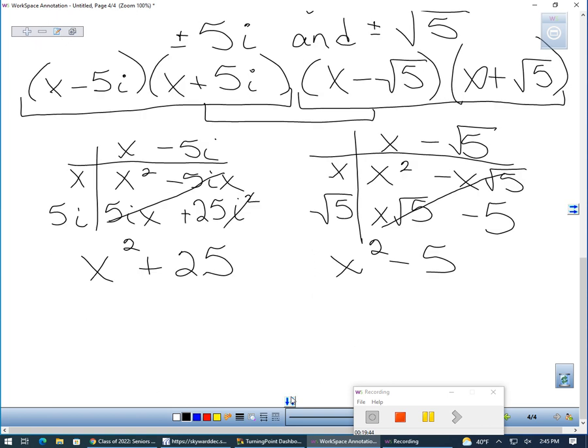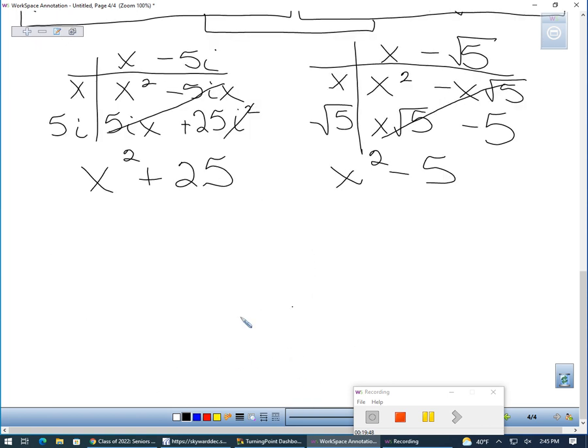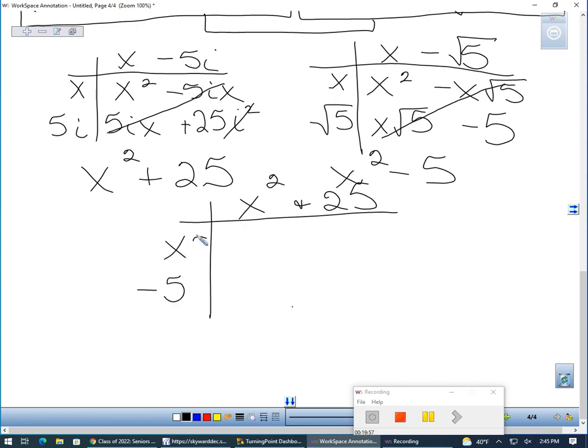Now we get to multiply both of those together. All right, so here we go. I'm taking x squared plus 25 times x squared minus 5. X squared times x squared is x to the 4th. X squared times 25 is 25x squared.